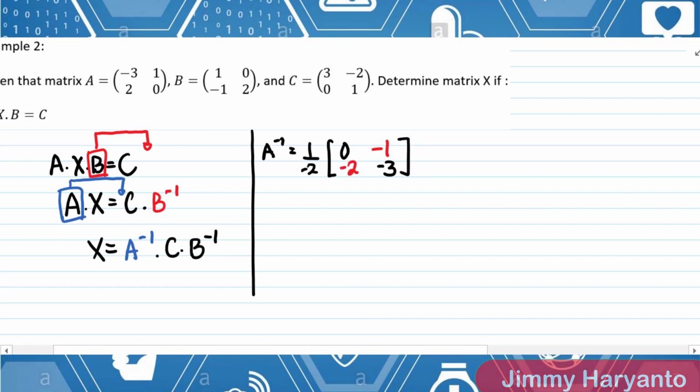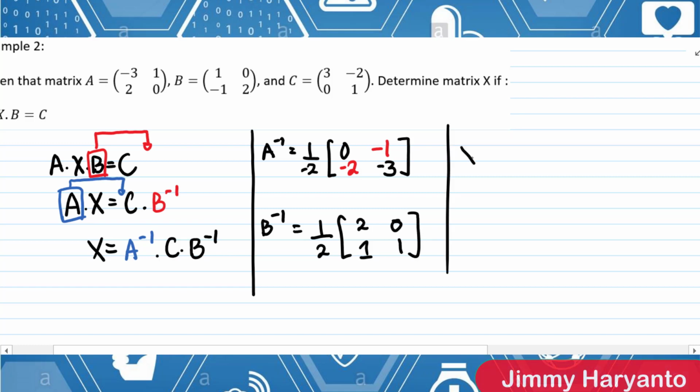Okay, so we already have the A inverse, and then we also need B inverse. So let's calculate B inverse. 2 minus 0, 2, and then for the adjoint, switch the 2 and the 1, give a negative sign to 0 and negative 1. There you go.